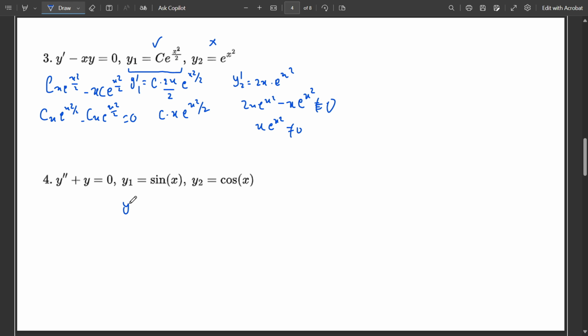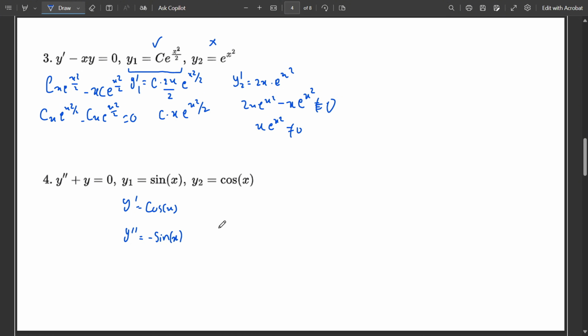Wait, let me find y prime first. So y prime equals, the derivative of sine x is just cosine x. And the second derivative, the derivative of cosine x, is just negative sine x.